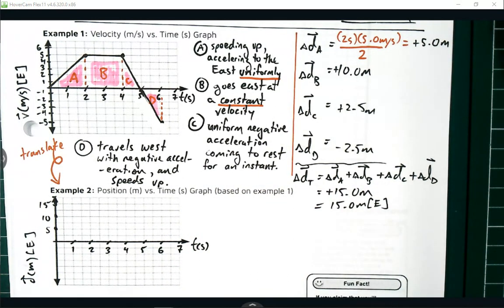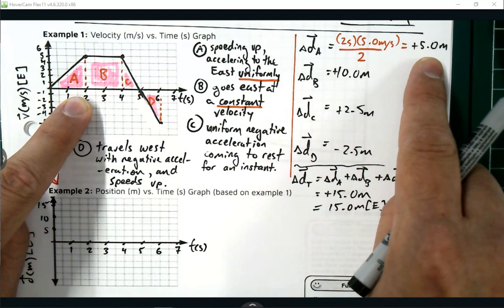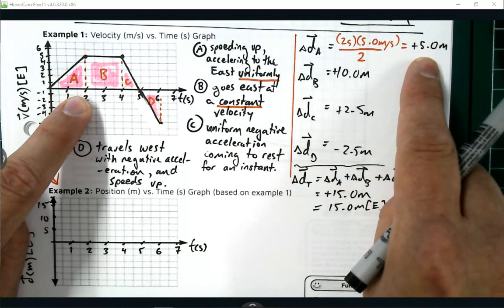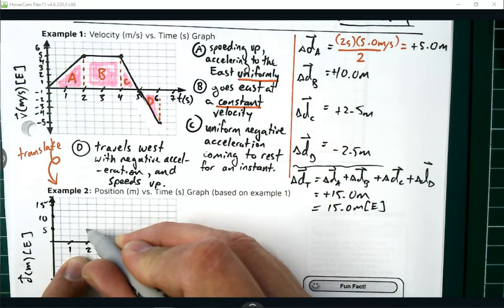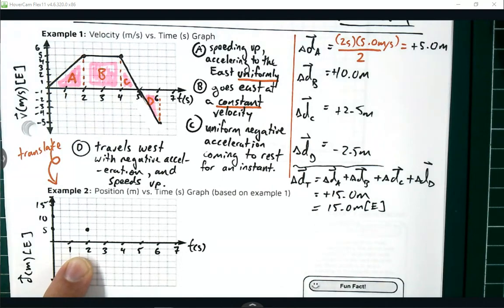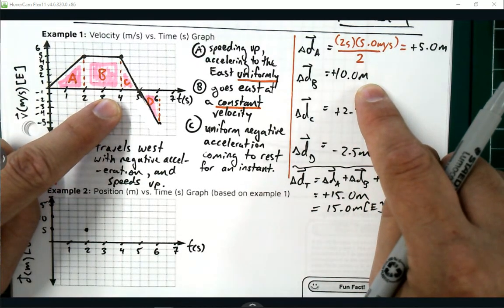And I got to figure out, my goodness, where should the points be? Well, it turns out that at the end of 2 seconds, how far have I gone? 5 meters east, right? So my position at the end of 2 seconds is going to be 5 meters to the east of the origin. But then at the end of 4 seconds, how far have I gone?